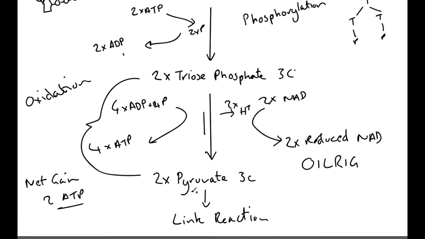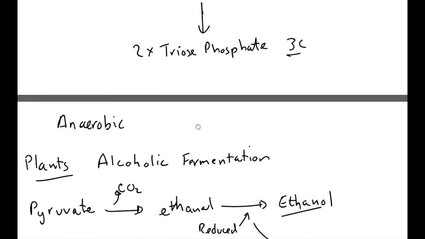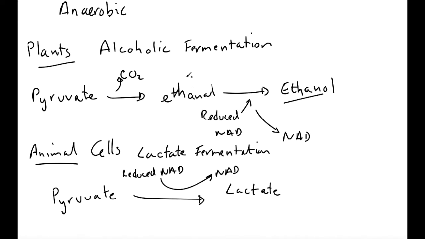In aerobic respiration, it goes to the link reaction. In anaerobic respiration, in plants, it's called alcoholic fermentation. The pyruvate loses the CO2, becomes ethanal, then the reduced NAD comes in, drops off the hydrogen ion, and it becomes ethanol, and that build-up gets made within the plant.